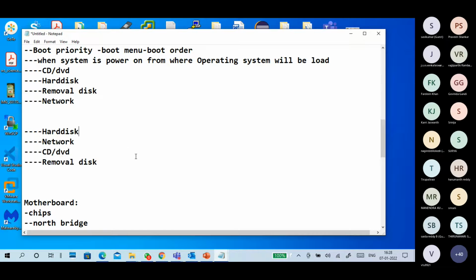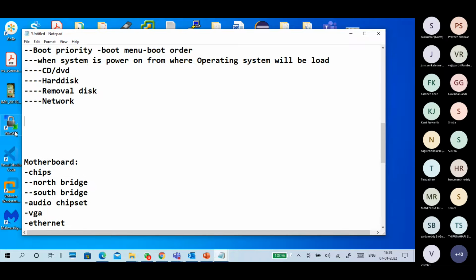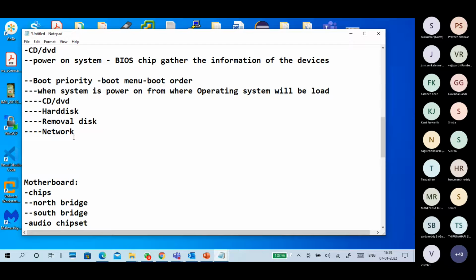For example, the hard disk does not have an operating system. Fresh computer. You put an operating system CD in the CD drive. So what will happen? First it will verify the hard disk, next the network, next the CD-ROM, then load the operating system from the CD-ROM only. So this is called a boot order. Boot order priority means you can load the operating system from any of this list based on the order.